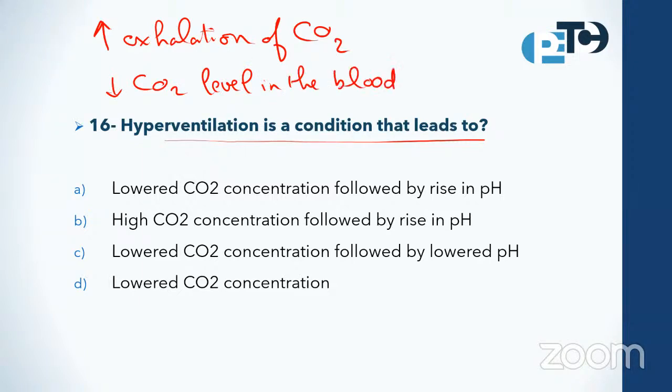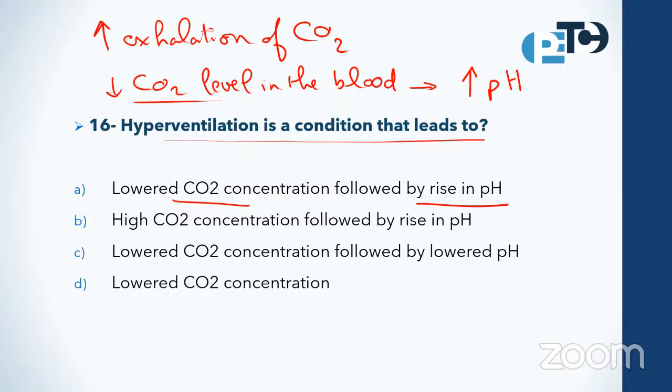What about the pH of the blood? Upon decreasing the carbon dioxide level in the blood, pH will increase. The blood becomes more alkaline, more basic. So we have here a case of respiratory alkalosis, a lower carbon dioxide concentration followed by a rise in the pH.